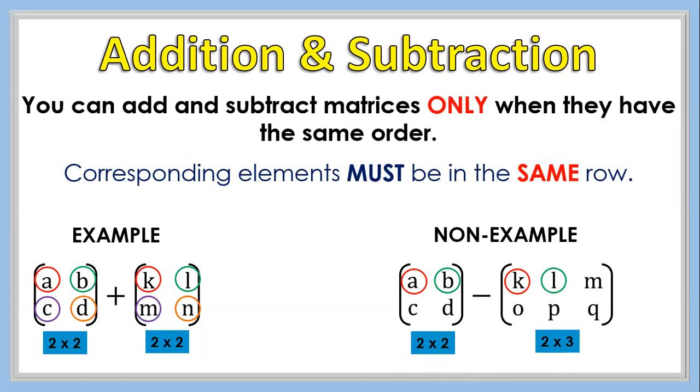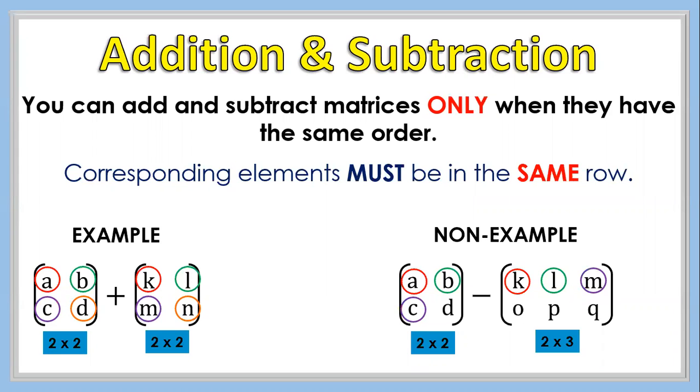Second member in the first matrix, we are going to subtract the second member from the second matrix. B subtract L. So we subtract third with third. Notice in our first row, in our second matrix, we have 3 members.